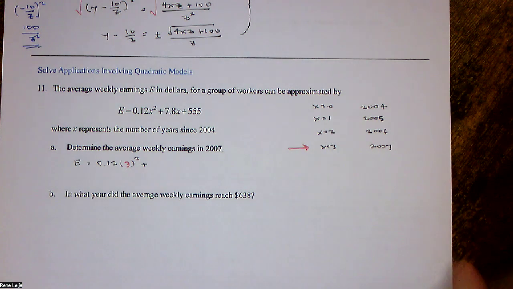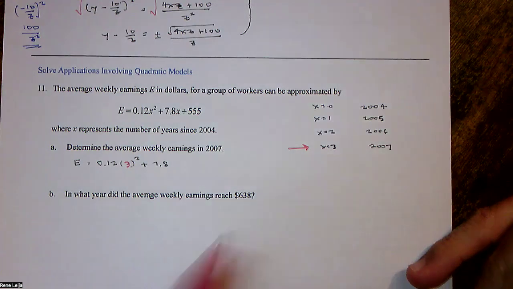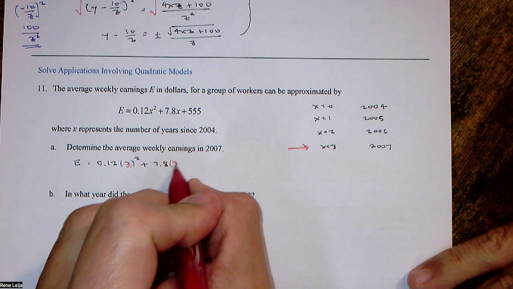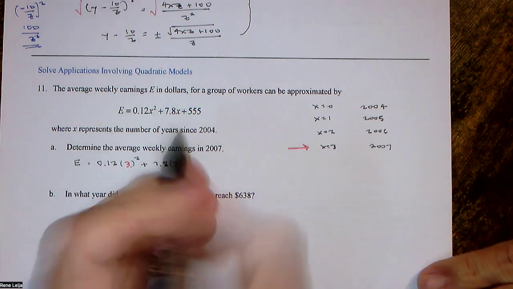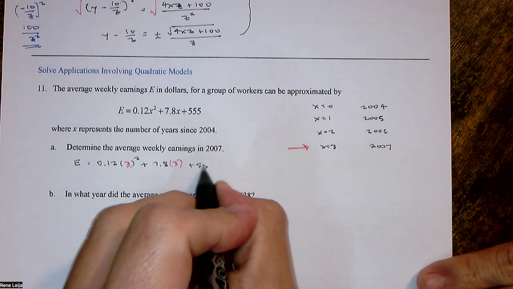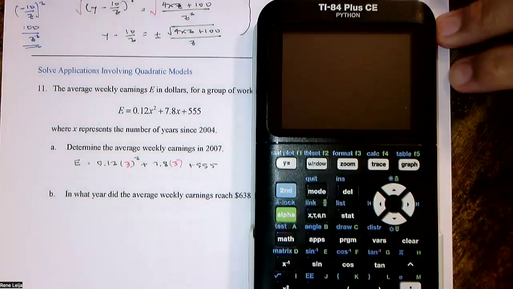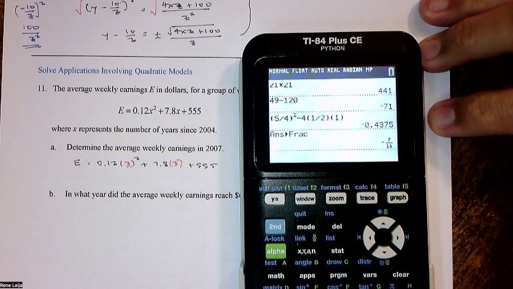Plus 7.8 times 3 plus 555. Now here I'm just going to crunch all this in my calculator, but I need to be very careful.